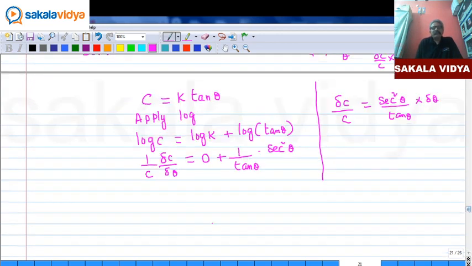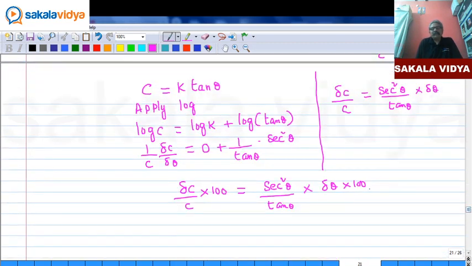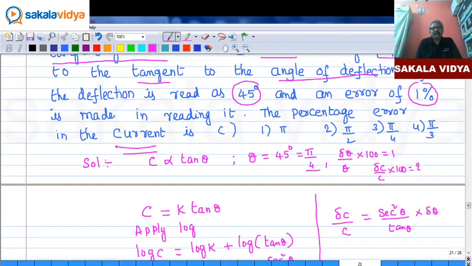But we need to find out delta C by C into 100. That is equal to secant square theta by tan theta into delta theta multiplied by 100. Very interesting here: delta theta by theta into 100 is equal to 1, so delta theta into 100 is theta. So in the place of this we can write theta. Theta is given as 45 degrees, pi by 4.